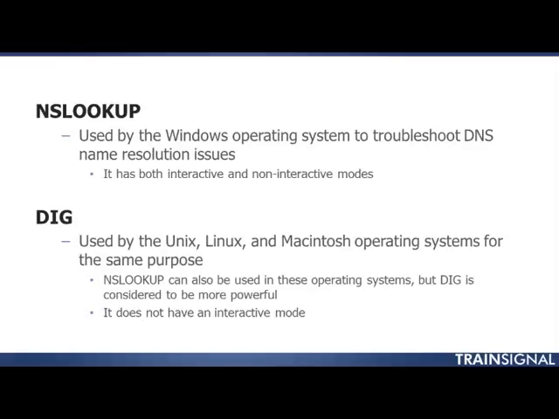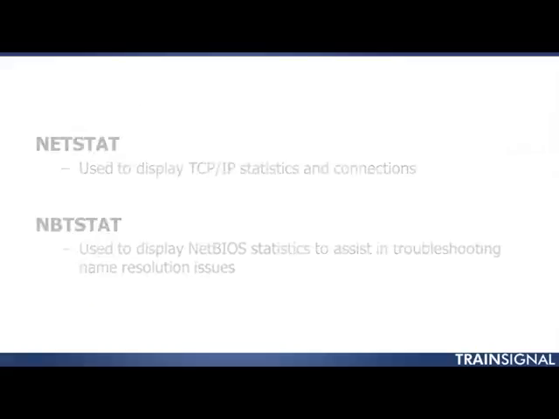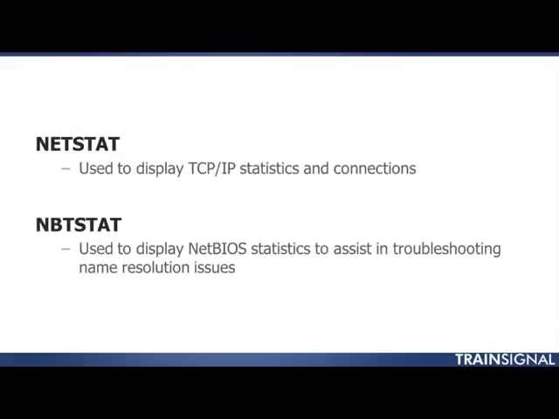That said, where I mentioned that NSLOOKUP can be used in other operating environments, the one drawback is that you do not have that interactive mode. You only have the non-interactive mode if you're working in Unix, Linux, or Macintosh. Now, the next command that we'll talk about is netstat, which does pretty much what it sounds like.